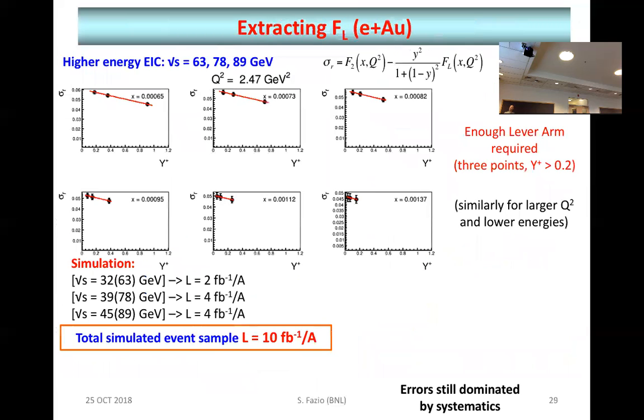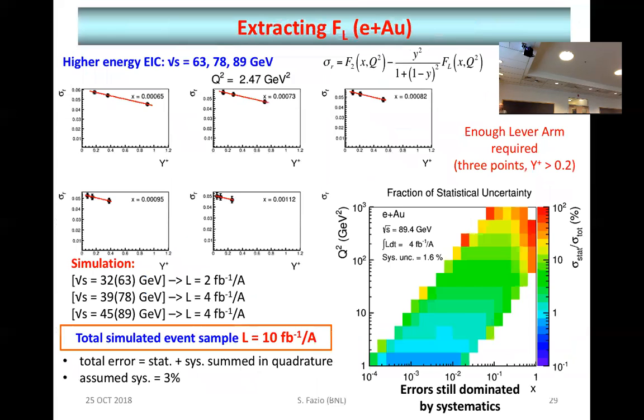Maybe I don't have much time now to go into details, but we are also extracting the FL structure function, which requires running at different energies. At least we consider three different energies. So basically, even when we vary the energy and use the Y plus cut for the FL extraction, we assume 4 plus 2, which makes a total of 10 inverse femtobarn luminosity.